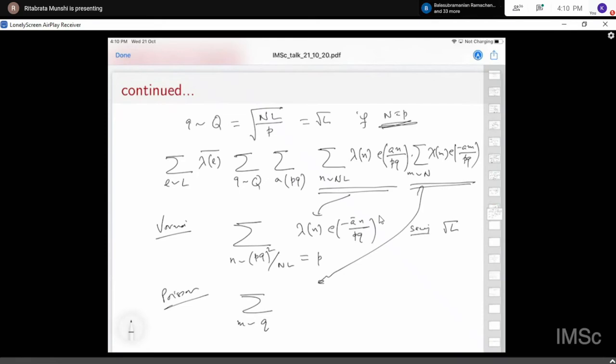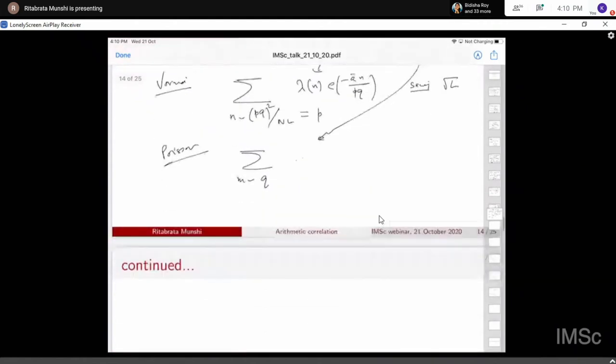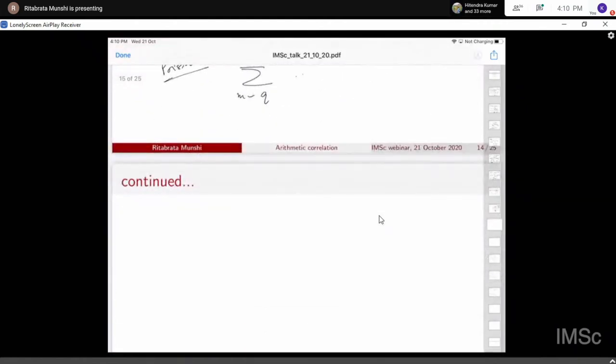Let me write down what we get in the character sum over here. After doing all this, this is the sum that you arrive at. You have a lambda L bar, and then I have a lambda N, and here again I have evaluated R at P bar.